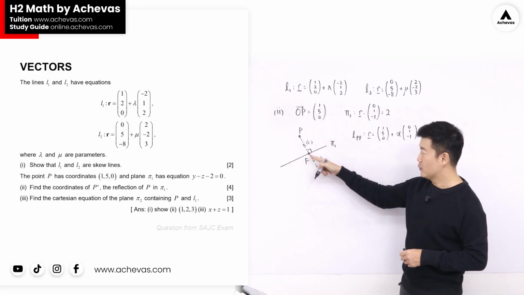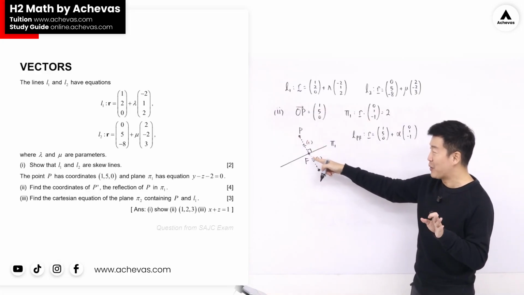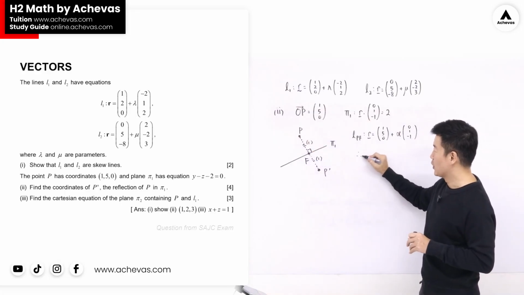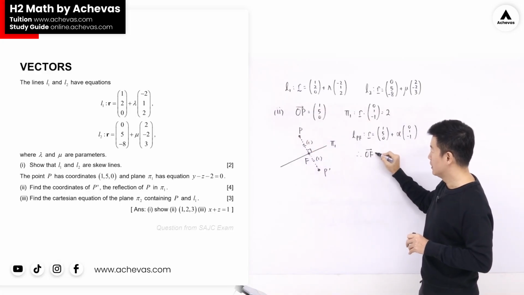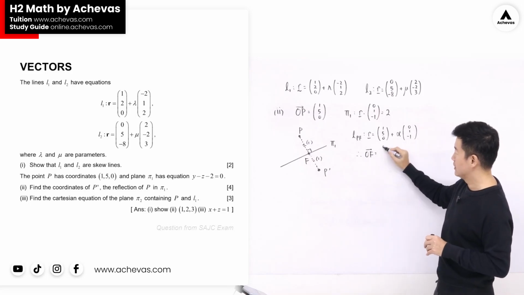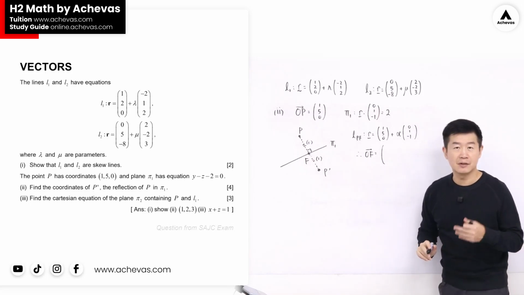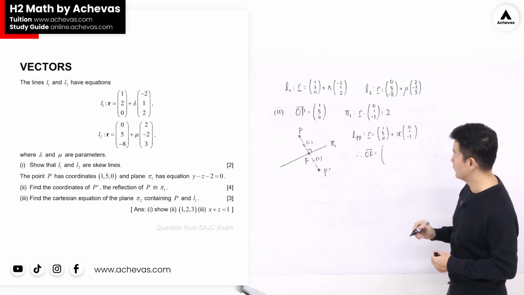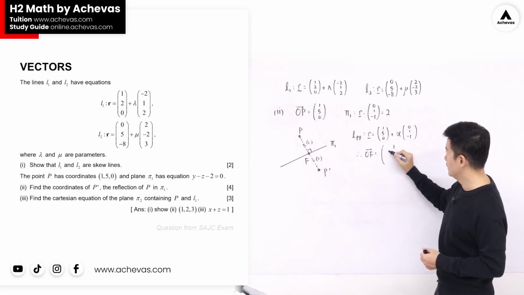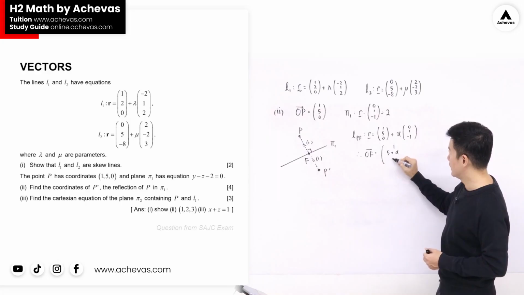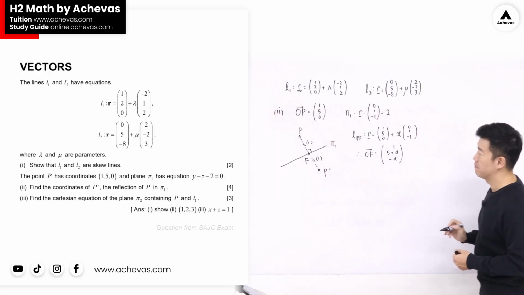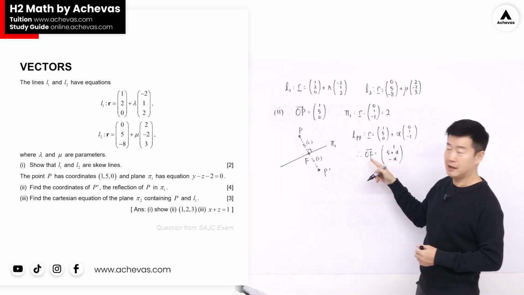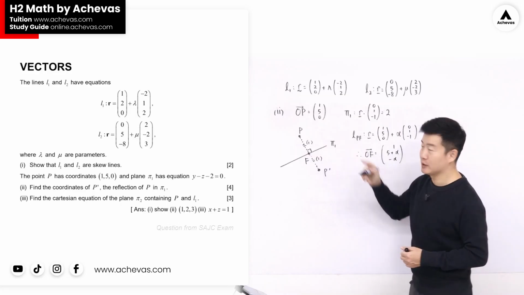Which means that F, which is a point that is on this line, will be adopting a format that is like this, since this represents the position vector of any point that is on this line, which includes point F. So it will be (1, 5 + alpha, -alpha). And point F is also going to be a point that is on pi 1.